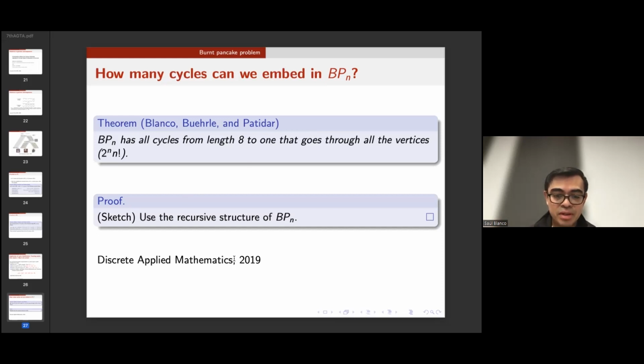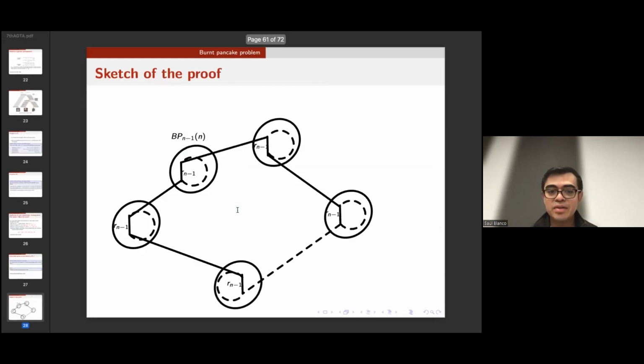And this showed up in 2019, and the proof is actually fairly reasonable. It's essentially using the recursive structure of BPN. So I can explain it in this picture, which is the key to the proof. Suppose this is a big picture sketch of BPN, and inside BPN you will have a lot of smaller copies of BPN-1.